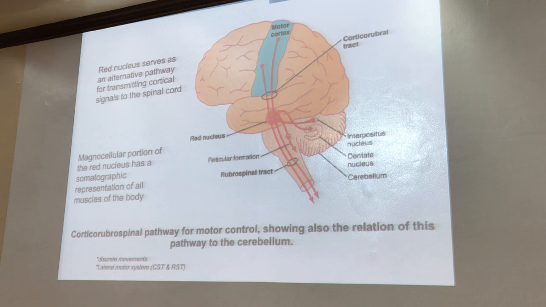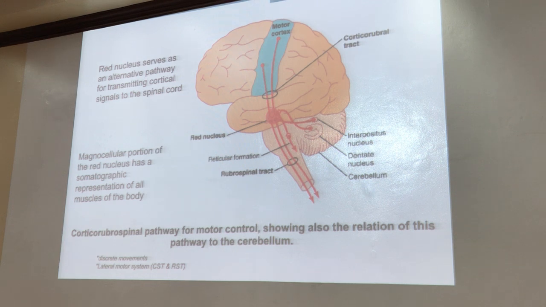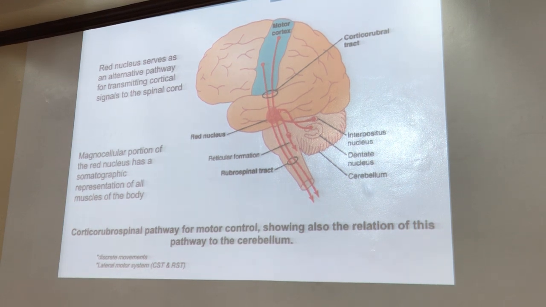Okay. Now, going back to the red nucleus here, aside from being involved in reflex movements that we elicit in comatose patients, the red nucleus is actually an alternative pathway for the transmission of signals from the cortex going to the spinal cord.